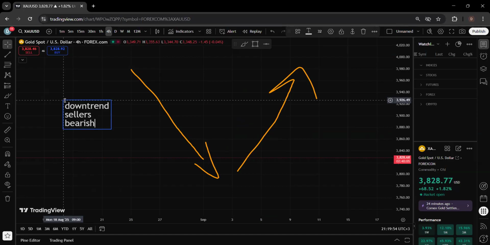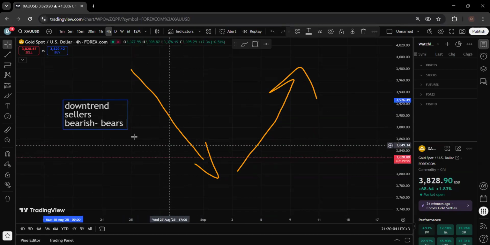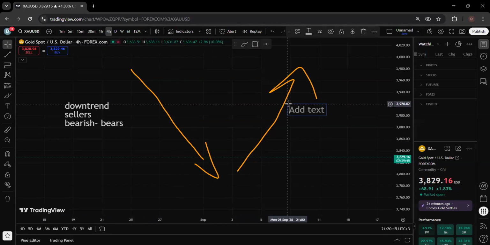I know you guys are aware of that. A bearish market simply comes from the word bears. The work of bears in the market is to push the price down, and that's the work of sellers, and we call that a down trade. Now, the other move is the up trade, and we call this a bullish market.